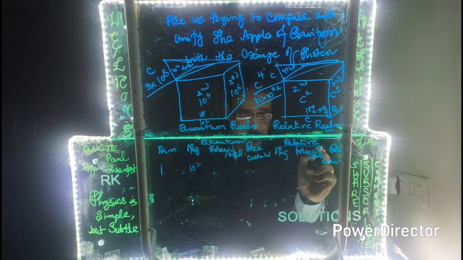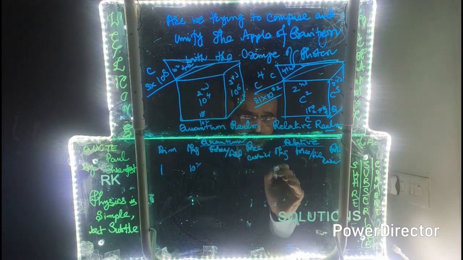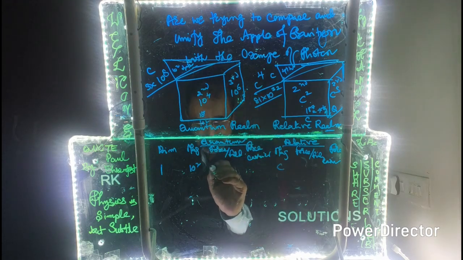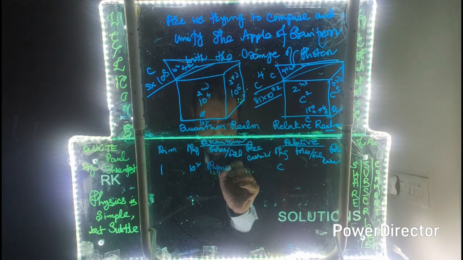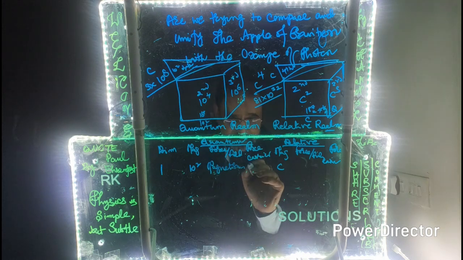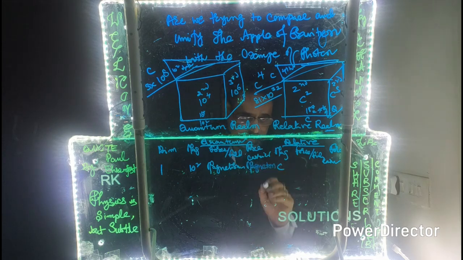Magnitude for relative we took was C. Force that is associated with this, I told you, magnetism. And for this, though we don't have one force carrier, I told you I call that magneton.